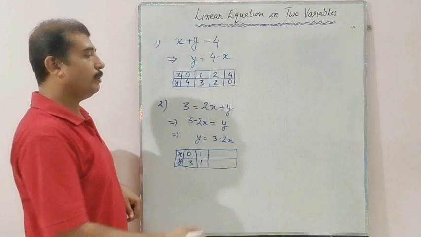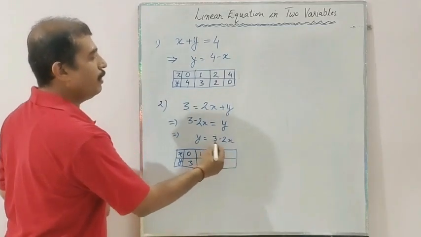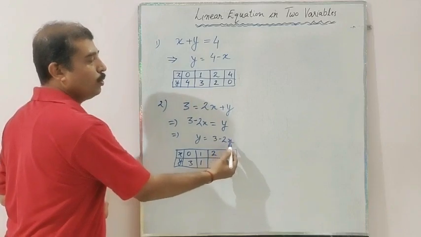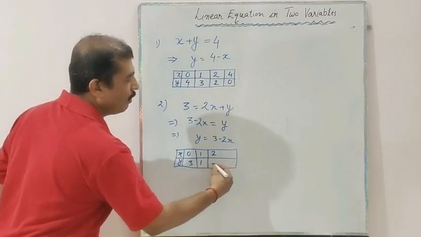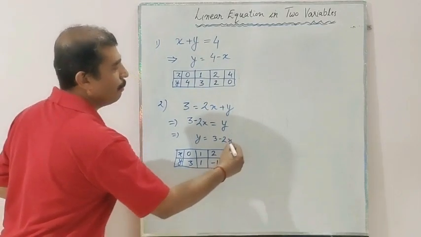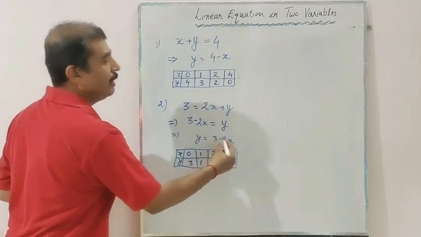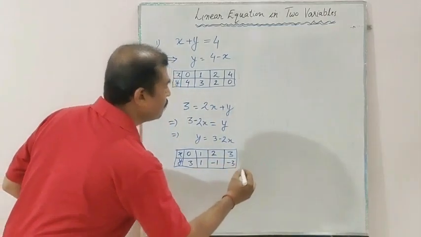If I put the value of x as 2, y will be 3 minus 2 into 2, 3 minus 4, that means it is minus 1. I put the value of x as 3, 3 minus 6, it will be minus 3.